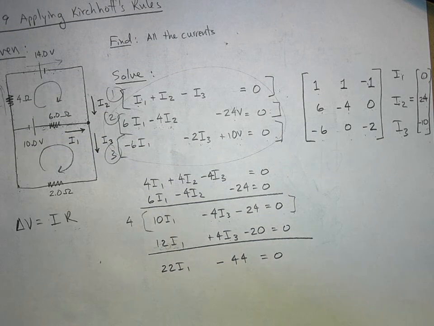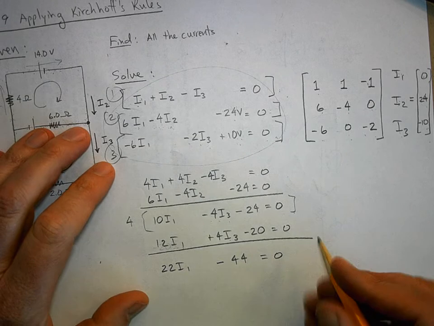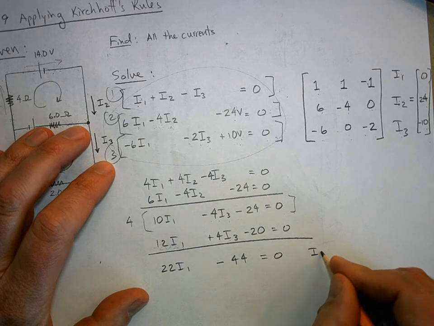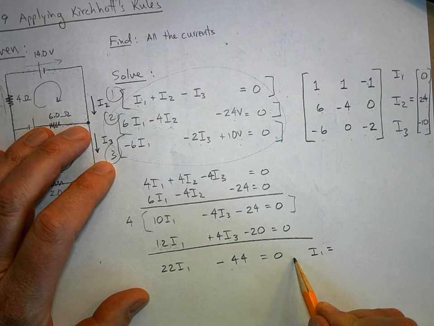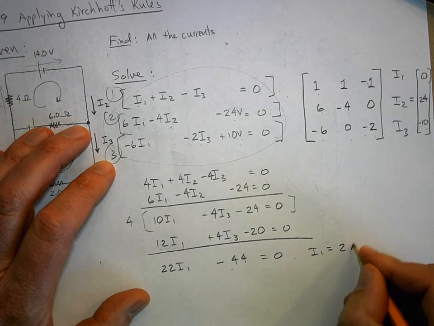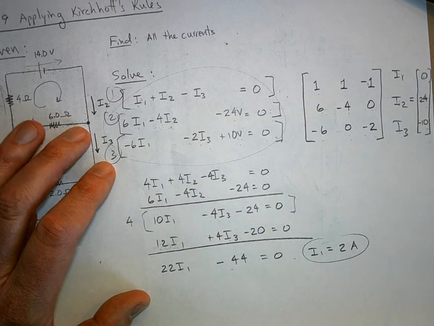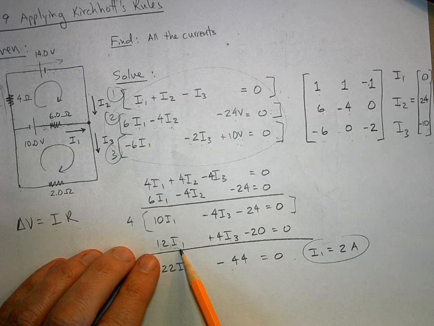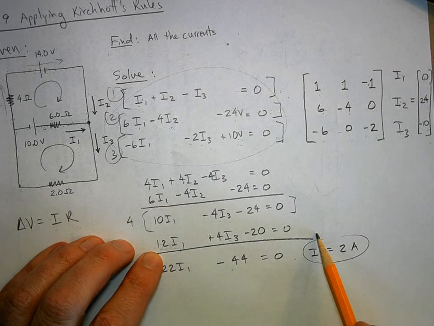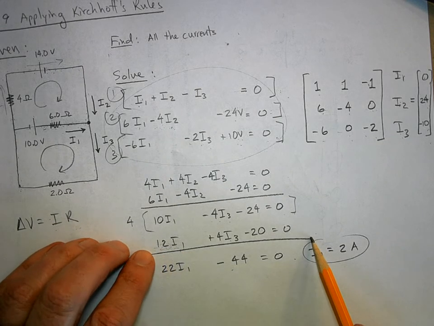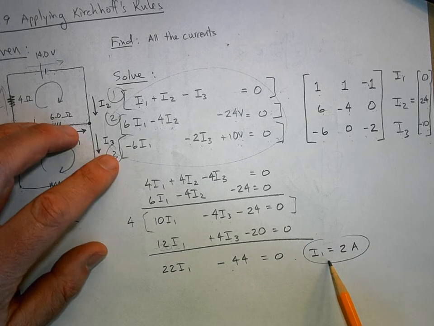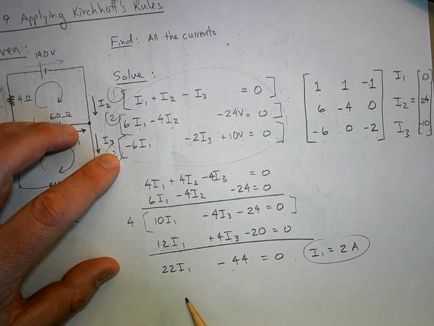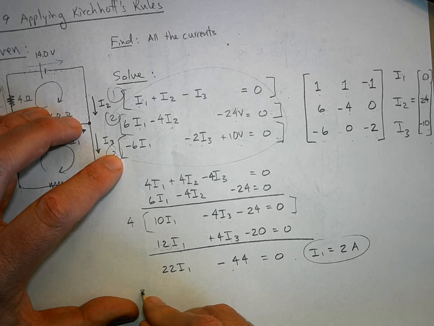And now I've solved for one of the currents. That is I1 equals, well, put 44 on the other side, divide by 22, I get 2. So I1 is 2 amps. Woohoo! Well, if I know I1 is 2 amps, I can plug it into equation 3. So here's equation 3 again.